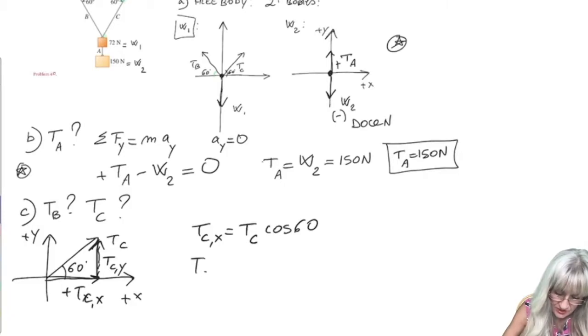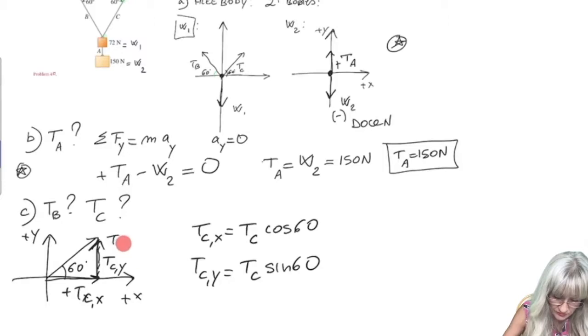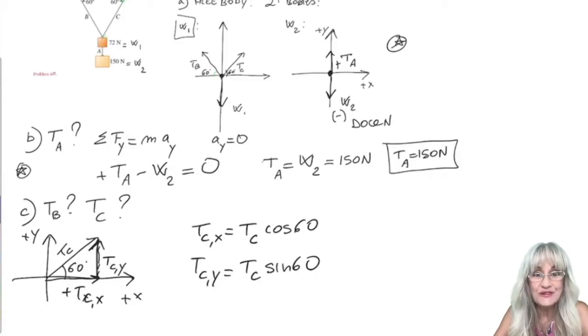And for T of C on y, the hypotenuse is T of C. Since it is opposite, it will be the sine of 60. If you prefer, you can even remove T of C right there, and I can add it right here. So you can see that T of C, the tension in cable C, is your hypotenuse.